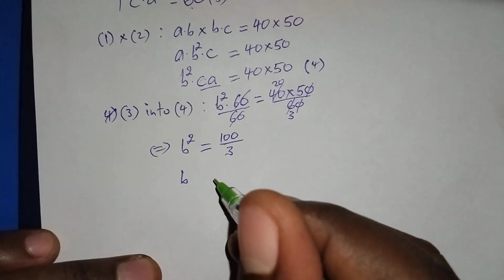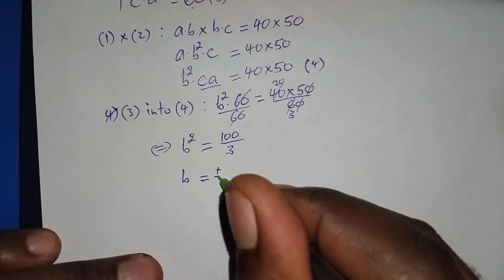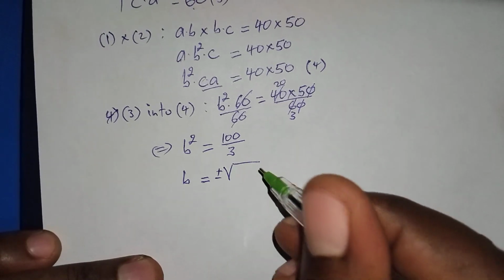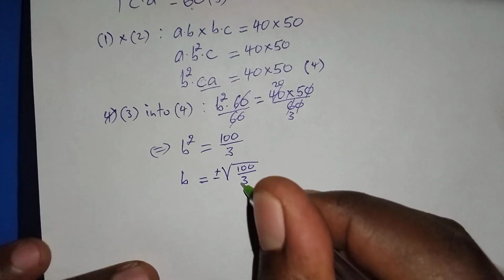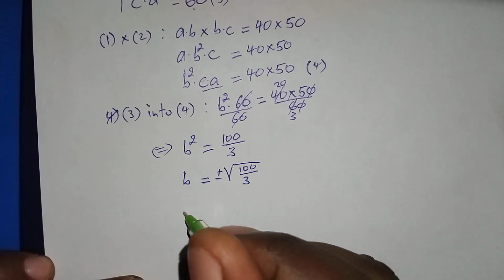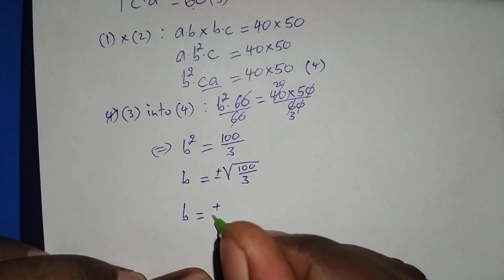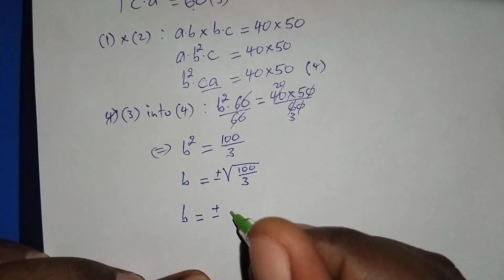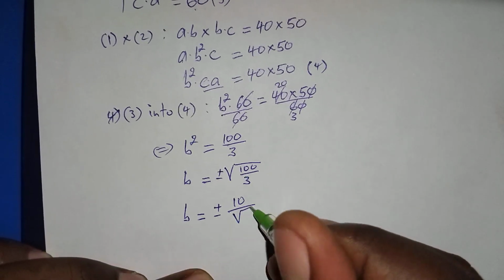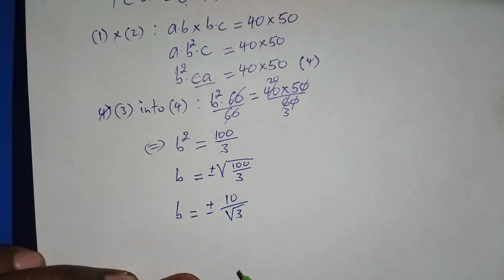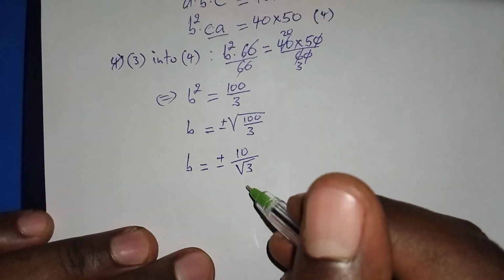So B is equal to plus or minus the square root of 100 over 3, which is equal to plus or minus 10 over the square root of 3. Here we rationalize the denominator.